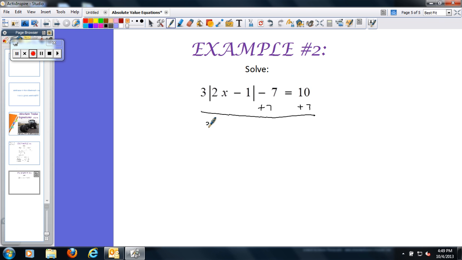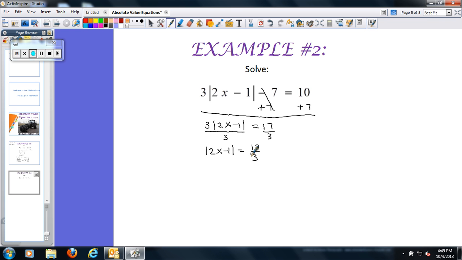This is going to give me 3 times the absolute value of 2x minus 1 equals 17, because these will cancel out. I'm going to divide this by 3, and this gives me the absolute value of 2x minus 1 equals 17 over 3.